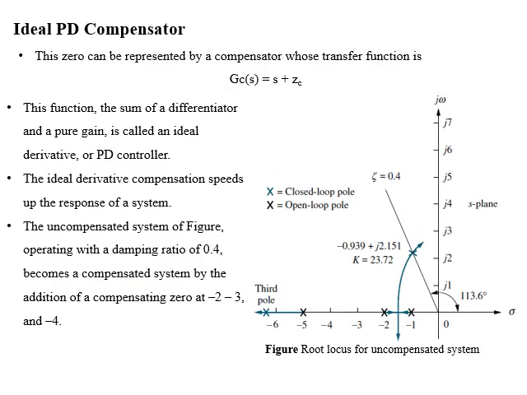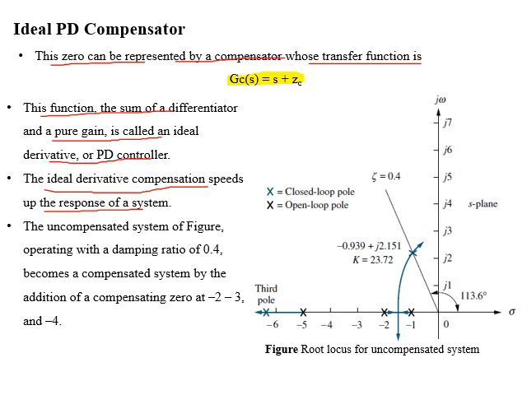Students, a 0 can be represented by a compensator whose transfer function is of the form S plus Z. This function, the sum of a differentiator and a pure gain, is called ideal derivative or PD controller. The ideal derivative compensation speeds up the response of the system.